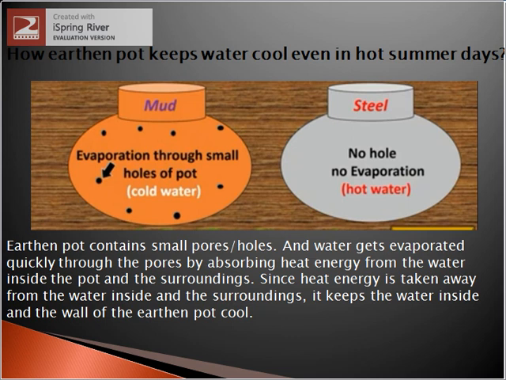Since heat energy is taken away from the water inside and from the surroundings, it keeps the water inside and the wall of the earthen pot cool. But in case of a steel container, there is no hole, and hence there is no evaporation and thus no cooling. Here once again it proves that evaporation causes cooling.